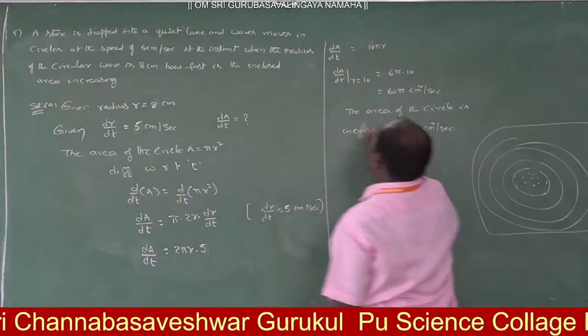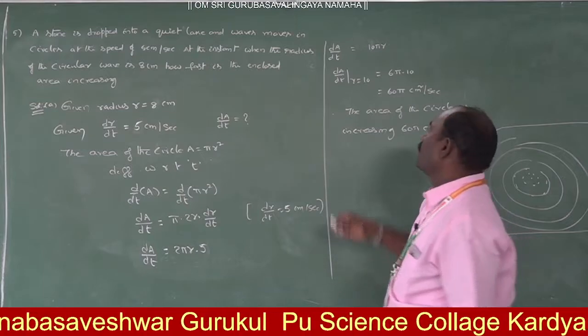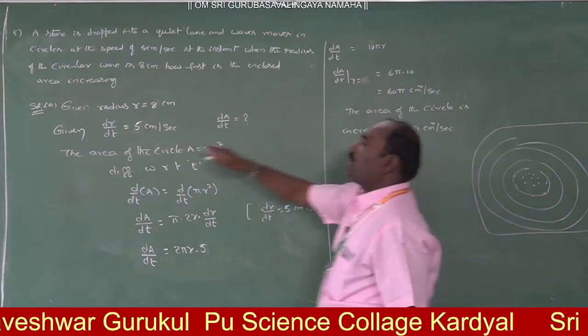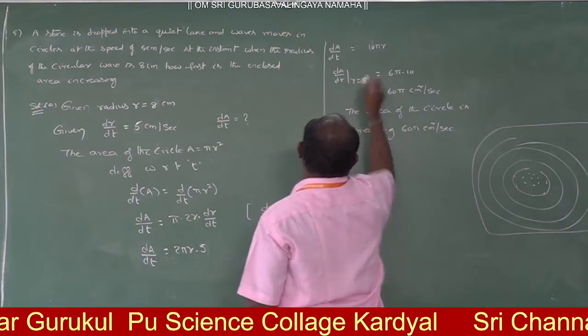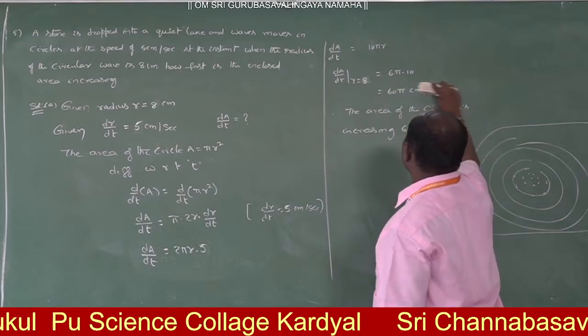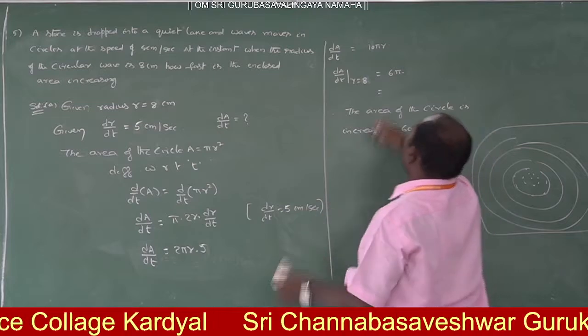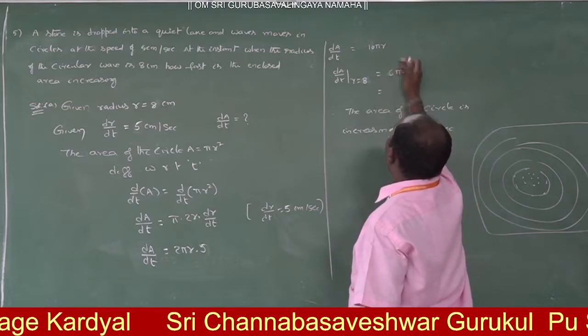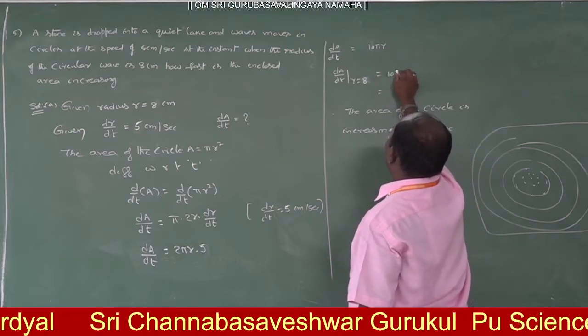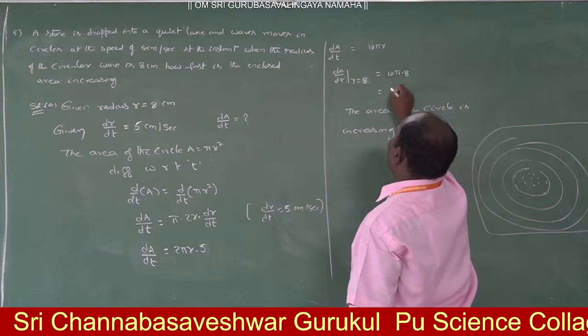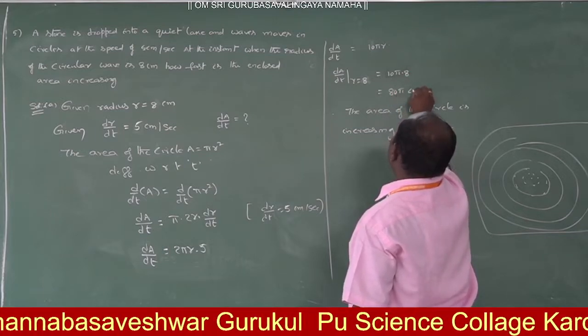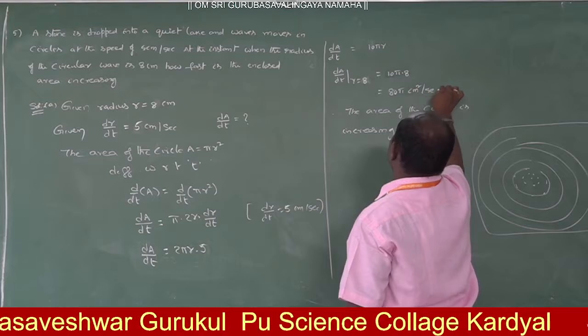Here what is the given r equal to? R equal to how much value? 8. So this value equals 10 pi into r equal to 8, that is 80 pi centimeter square per second.